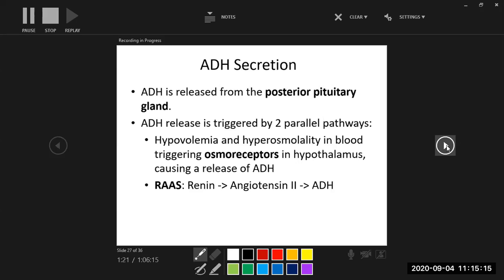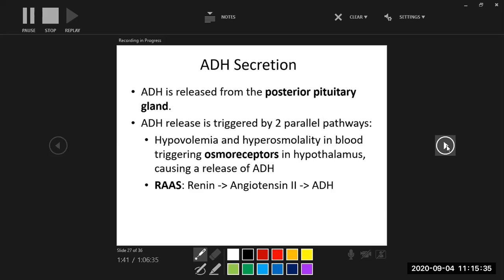Since your body fluid is apparently too low, we need to preserve more water. ADH will work on it, open the water channel so water can flow back to our body.